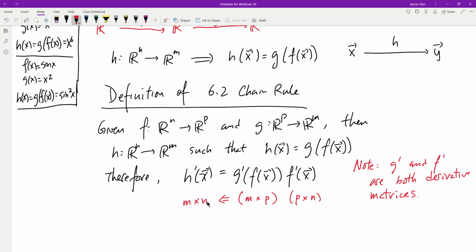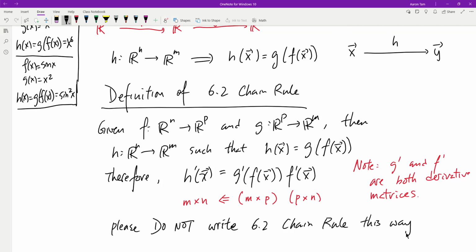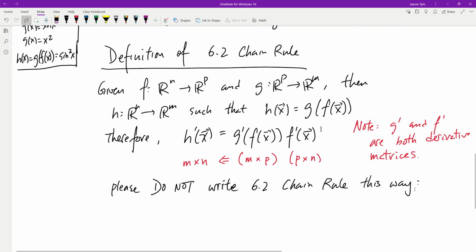Now, because of the fact that we are using matrix multiplication, it's extremely important that you do not write it in the wrong order, which is to write it this way.